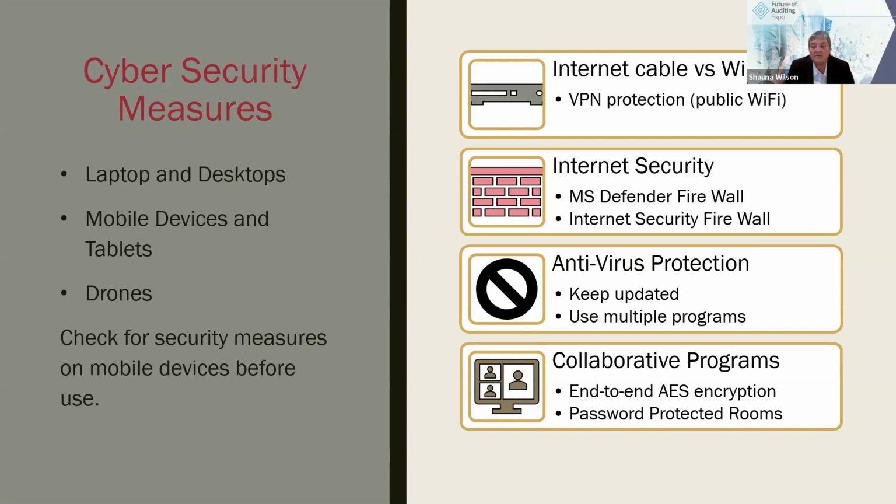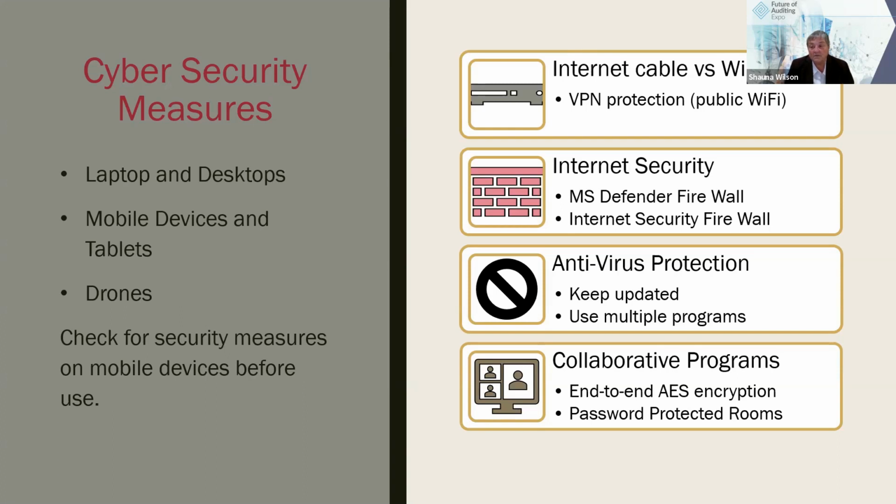And then for the collaborative program that you select, look for the end-to-end AES encryption on the website. So when you're choosing your collaborative programs like Zoom or GoToMeeting or WebEx or any of that, look to see if they encrypt their programs, because that adds a level of protection there as well.